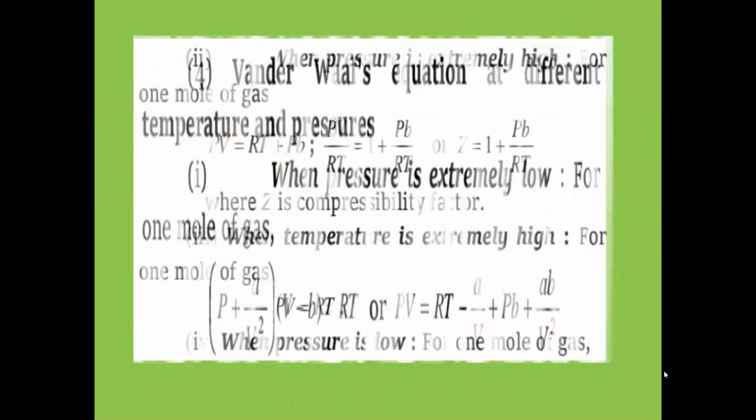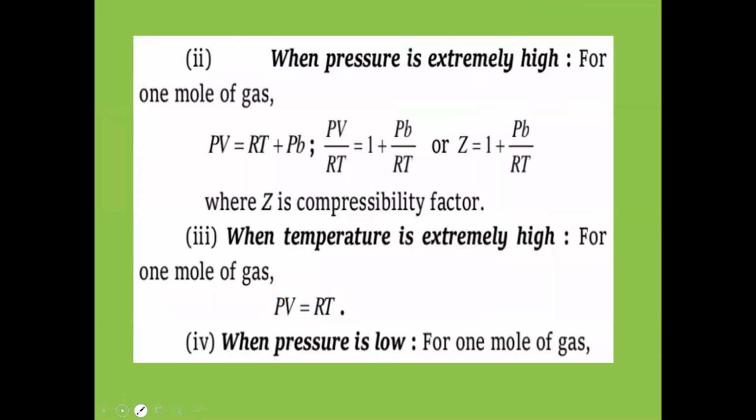Next, now case 2. Case 2 is when pressure is extremely high. Previously, in case 1, we took extremely low pressure. Now, when pressure is extremely high, volume will be very low. When pressure is extremely high, the volume of gas is very less.